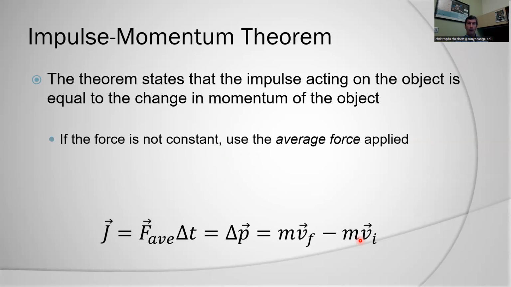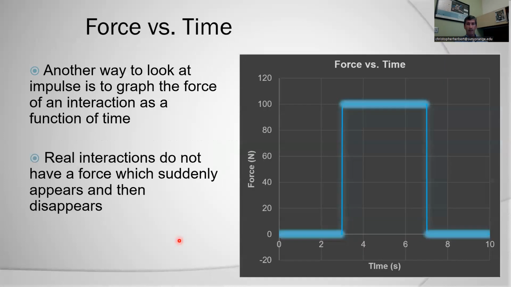Okay? All right, so let's take a look at this graphically, because again, it's oftentimes better to visualize what's happening here. If we take an unrealistic case where the force suddenly goes on an object and suddenly goes off, we would get something like this square pulse right here.